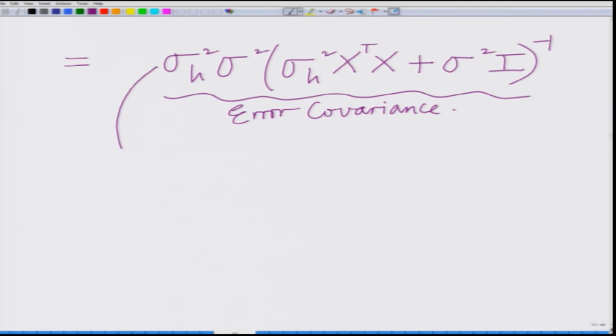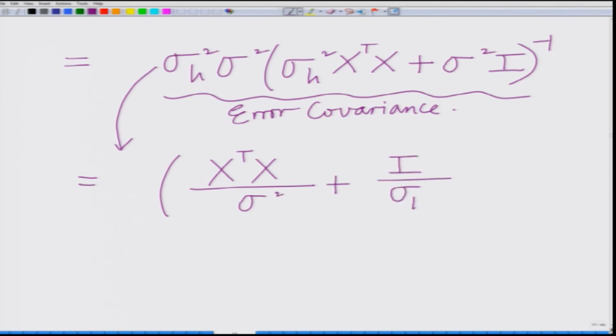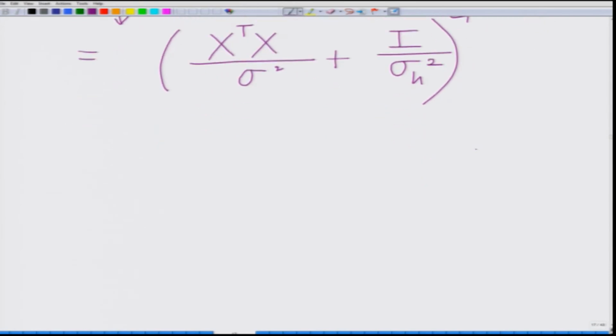Taking sigma_h^2 sigma^2 inside the matrix inverse, I get the final expression: X^T X divided by sigma^2 plus identity divided by sigma_h^2, inverse. This is your final expression for the error covariance.